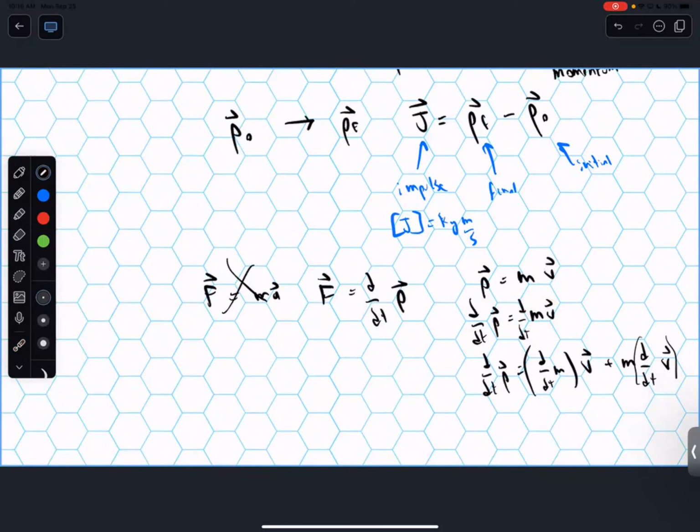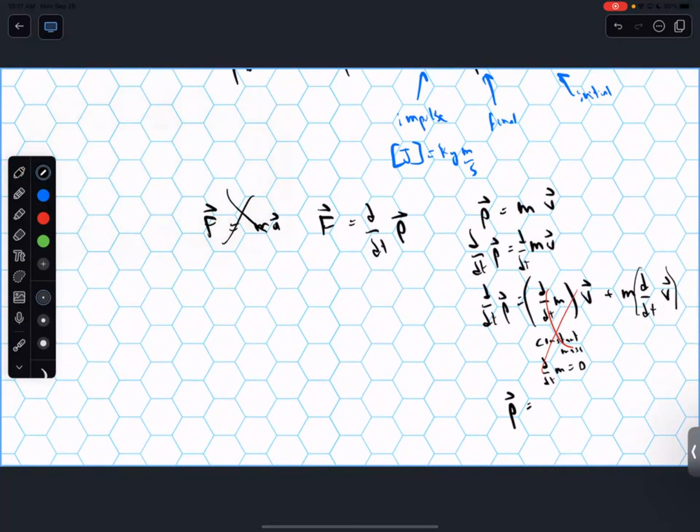If I have constant mass, d dt of m equals 0, so I can cross out that term. Then I bring down the other term: m d dt of v, and the derivative over time of the velocity is just the acceleration.